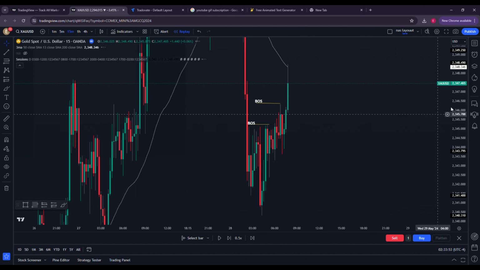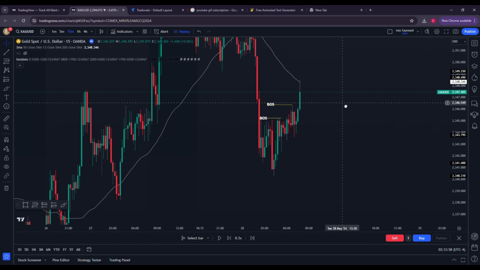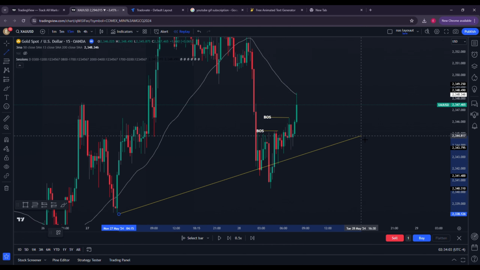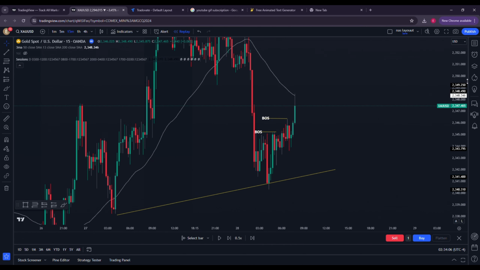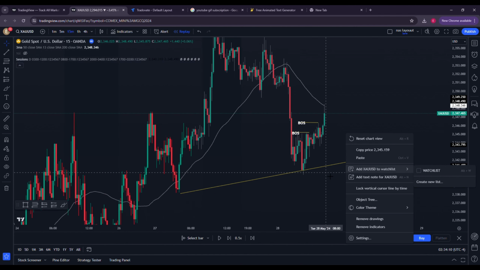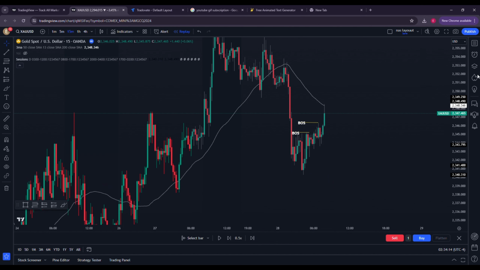So going back to the 15-minute, we like to see breaks of structure as well, which is what we have here, and that's pretty good for what we're expecting for our trade. It was looking pretty good at around this time.